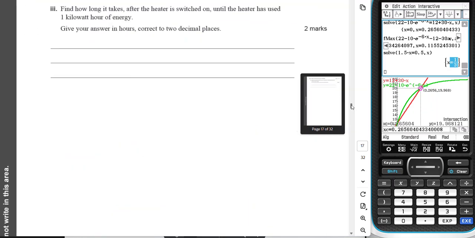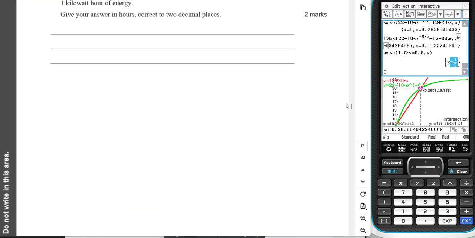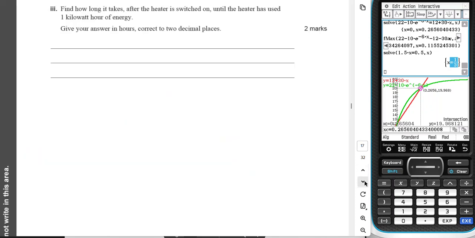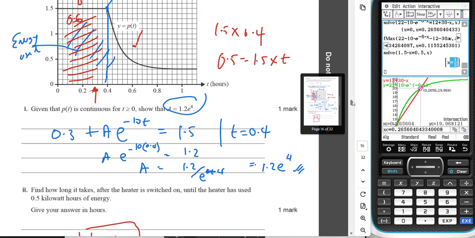To the next question, which is now worth 2 marks: how long does it take for the heater, switched on, to use 1 kilowatt of energy? Okay, so I want 1 to equal 0.6 for the first bit.